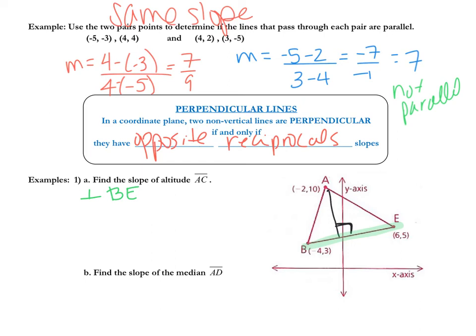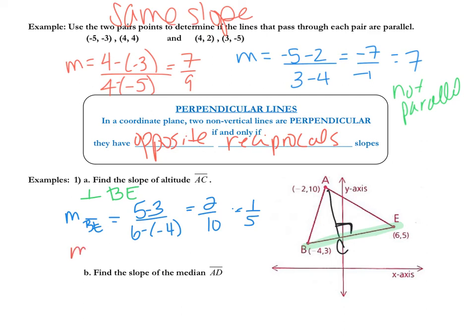And let's go ahead and mark this C so that we see it visually on our diagram. All right, so the slope of segment BE is going to be 5 minus 3 over 6 minus a -4. So that gives me 2/10, which is 1/5.